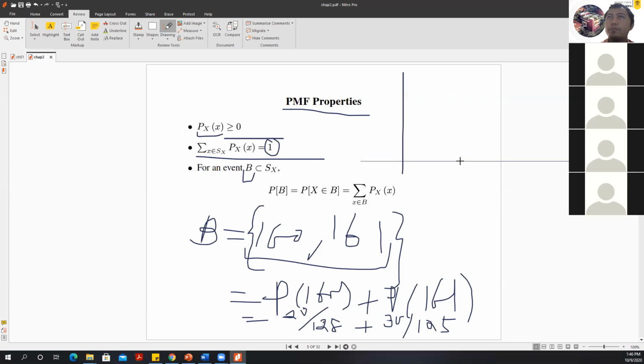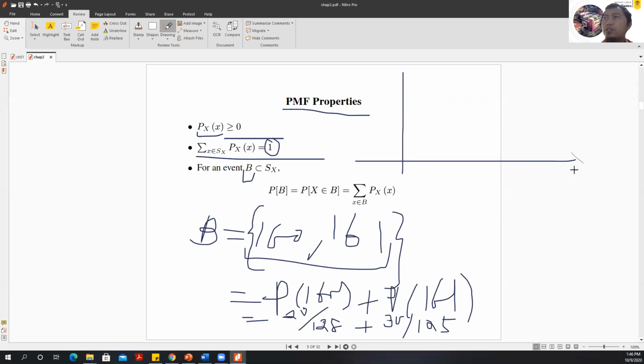Before we go to the kinds of probability distributions, you can see here the X and the probabilities, which can be anything.